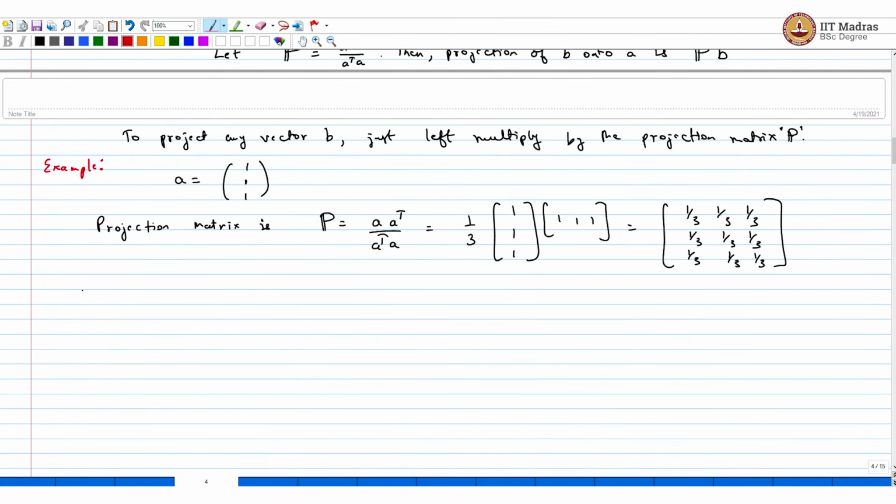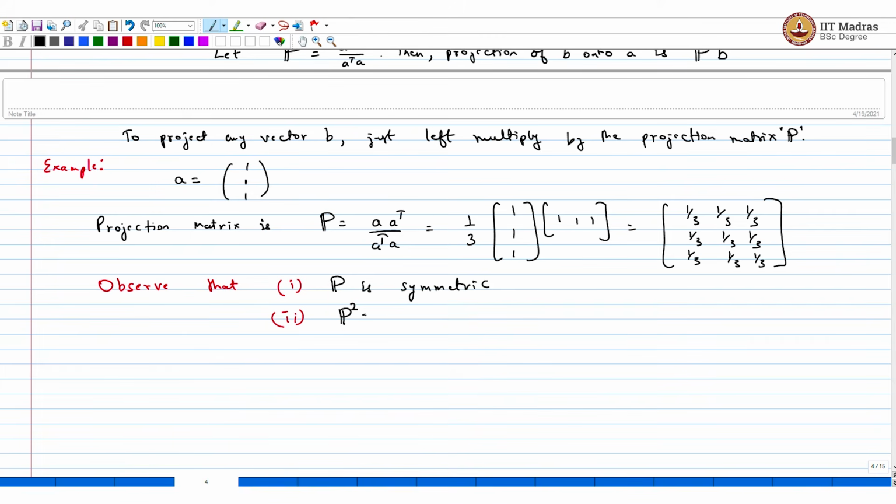Now, in this particular case, observe that the matrix P is symmetric, and this is something you can also see.